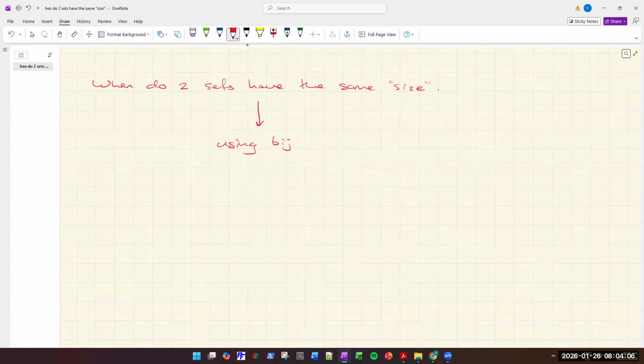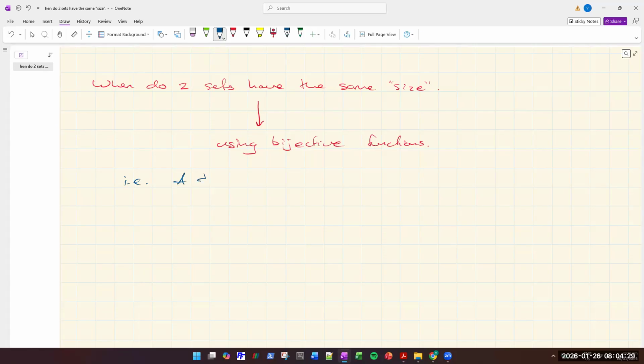Bijective function. Okay, so we say two sets A and B have the same cardinality, or they are equivalent, if there's a bijective function between them.